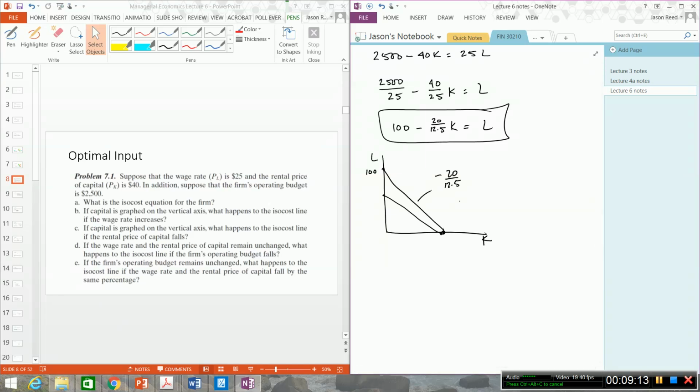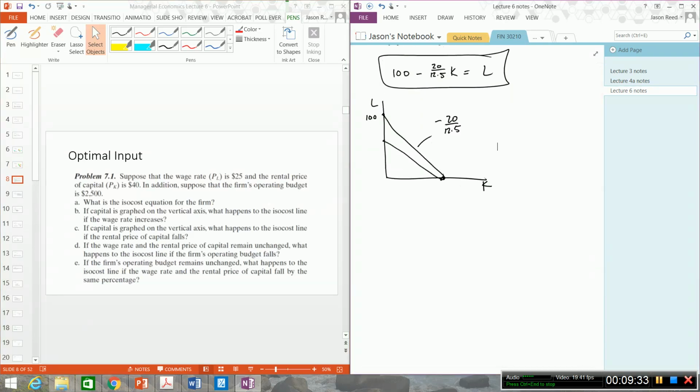If labor is graphed on the vertical axis, what happens to the isocost line if the rental price of capital falls? I think this is interesting because we have to be careful with how we defined our total cost function.